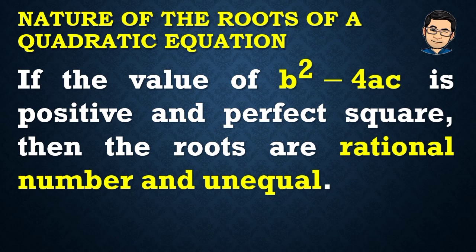Again, when we say rational number, these are numbers that can be expressed in the form of a over b. So ako, tinuturo ko lang dati pag rational number na yan, kapag pwede nating gawin or express yung number in the form of fraction, so rational number yon. And then, unequal. So, hindi pareho yung roots. Unlike yung unang condition natin, real na sila, and then at the same time, equal pa.